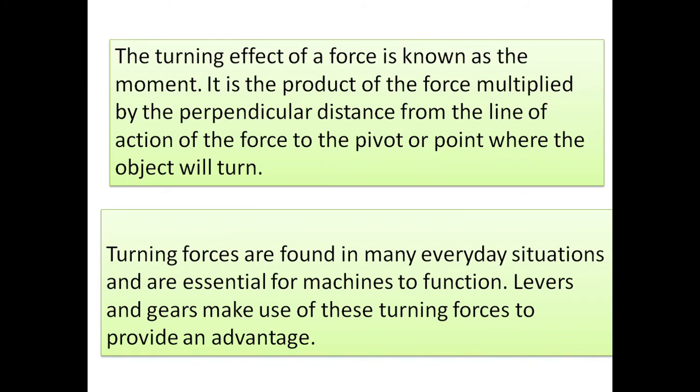Moment equals F into D. Turning forces are found in many everyday situations and are essential for machines to function. Levers and gears make use of these turning forces to provide an advantage. If you look at some of the machines, you can see the turning effect is used.